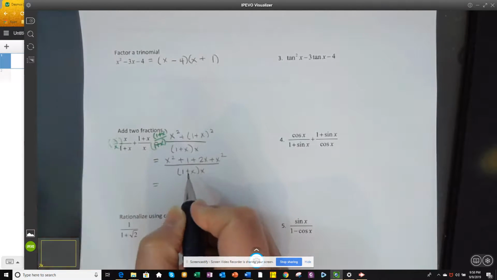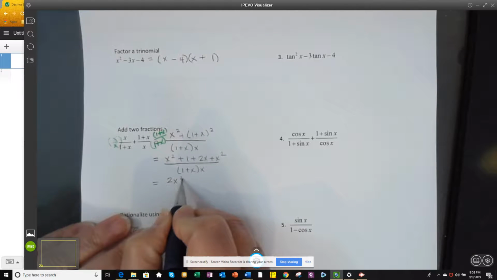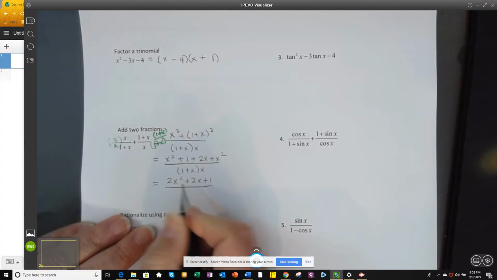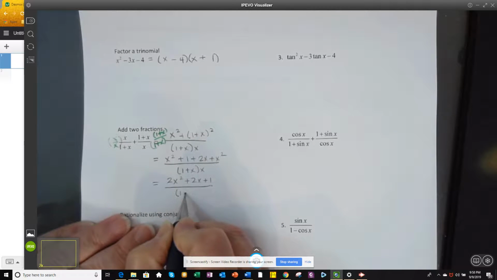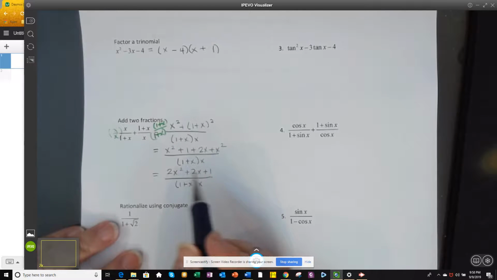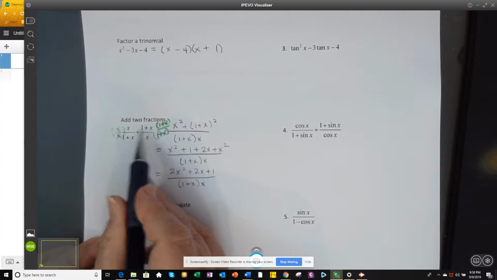And then we're going to get 2x squared plus 2x plus 1, if I put the exponents in decreasing order, over 1 plus x quantity times x. All right, so we just found a common denominator and made a single fraction out of 2.